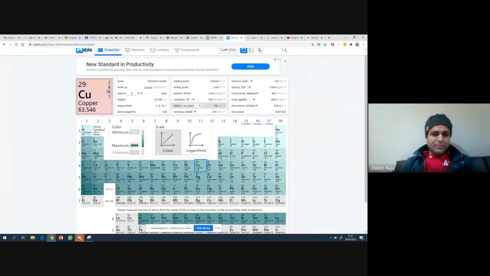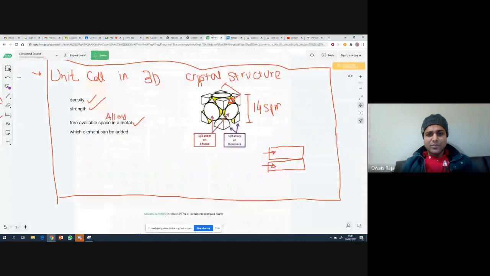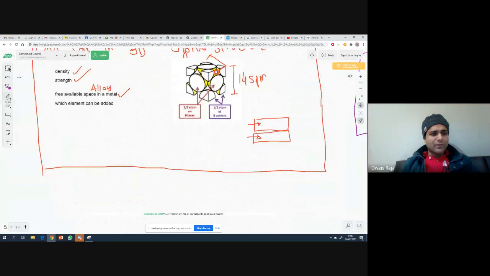Now copper has an atomic radius of 145, which is here. PM is a picometer. So the atomic radius of copper is 145 picometer. That's a radius, the atomic radius.